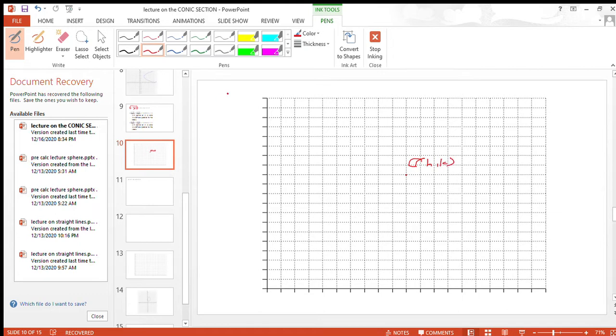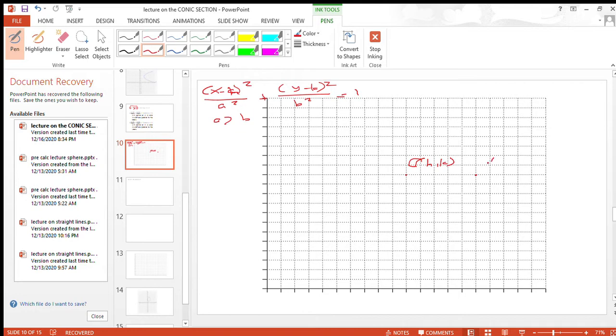And let's say we are also using the standard form (x minus h) squared over a squared, plus (y minus k) squared over b squared equals 1. Of course, a is greater than b. So that's our center.